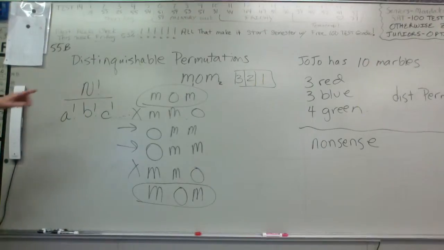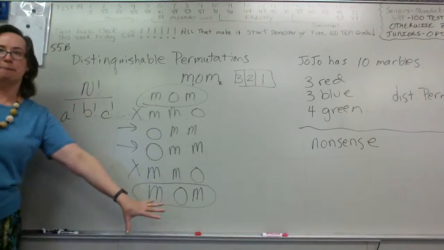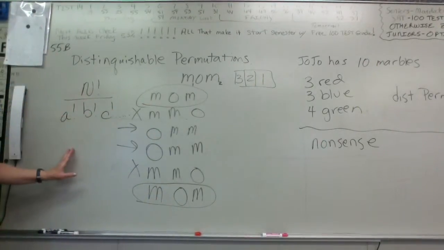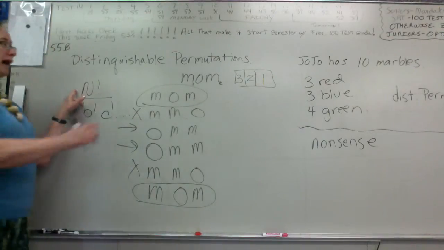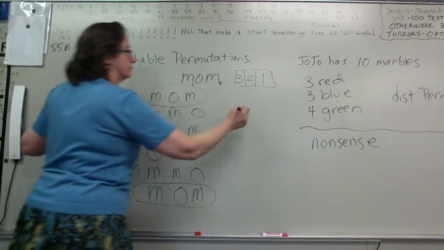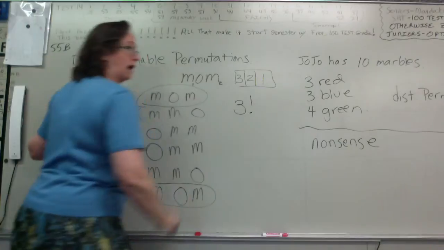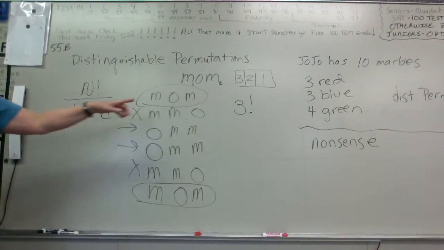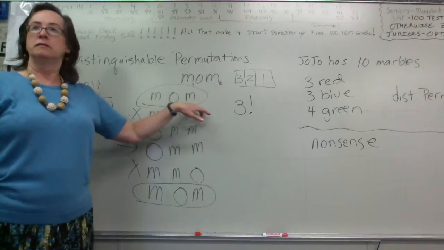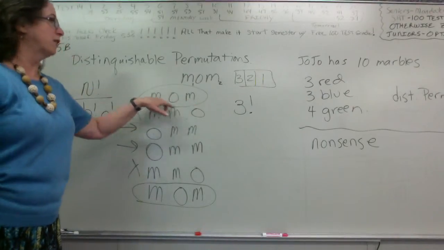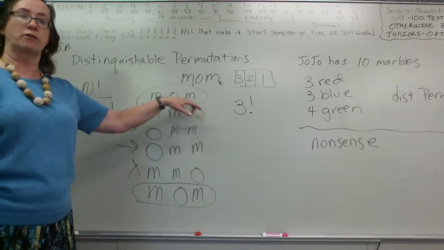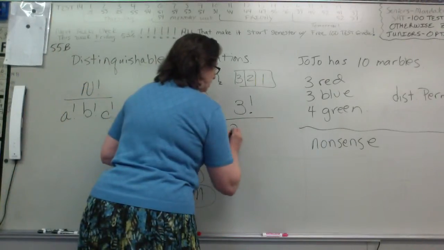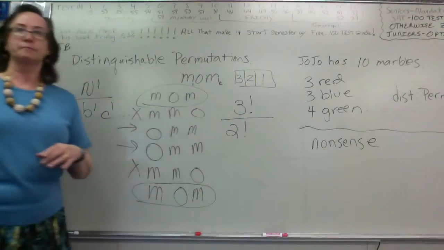Yes. Okay, so now when we look at this example in this formula, we've got 3 letters. So it'd be 3 factorial on the top, right? But then we have 2 letters that are the same. So down on the bottom, because there's 2 letters that are the same, we would write 2 factorial.